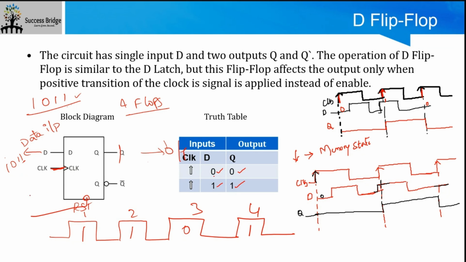So resets are used across analog, digital, anywhere, even in your mobile phones or any electronic and electrical gadgets. In the circuits that you see, there will always be a reset. Particularly in analog and digital circuits, we will have this reset.